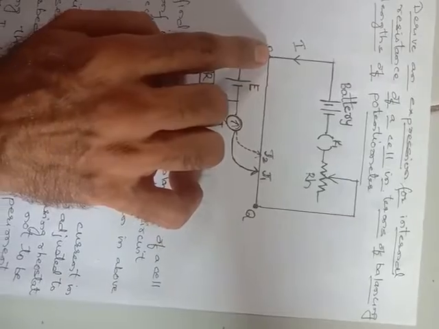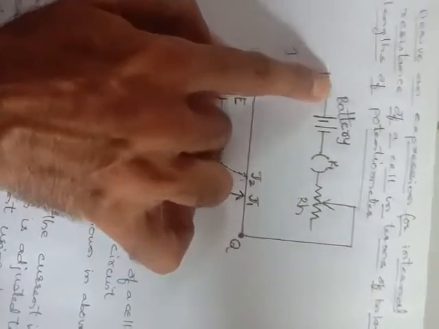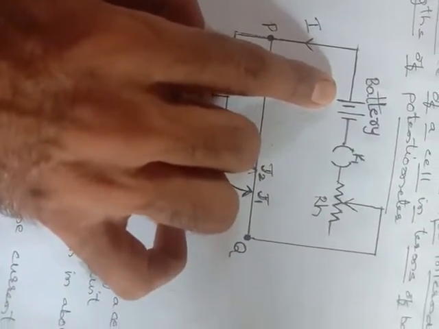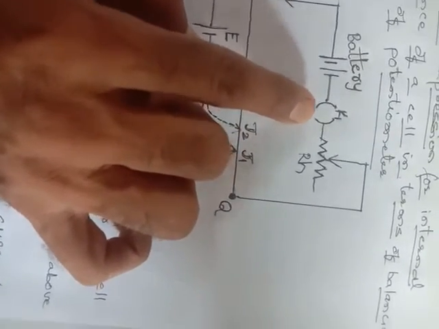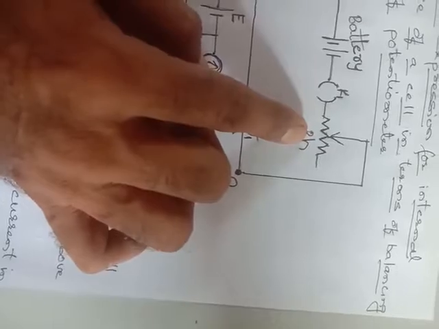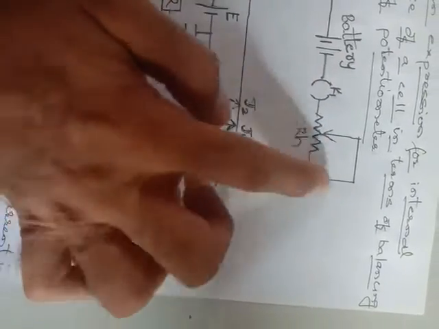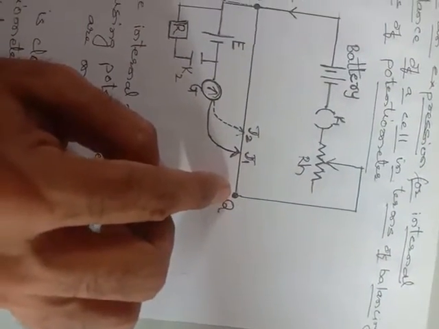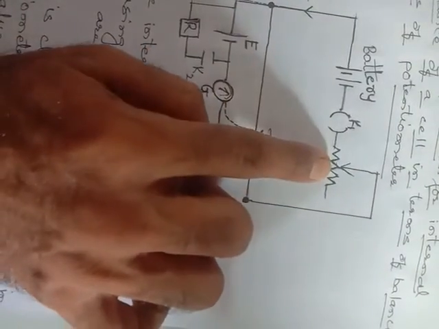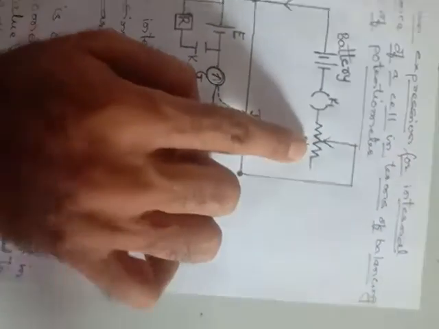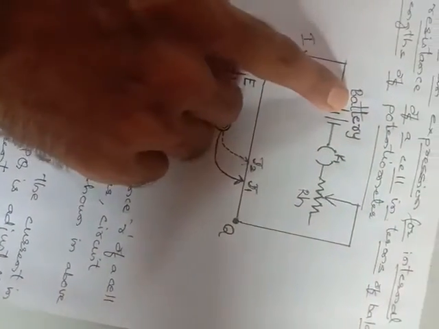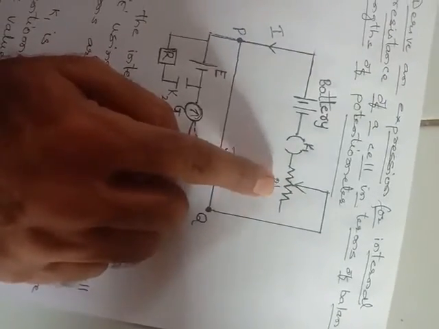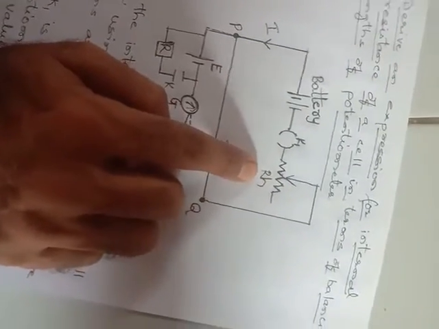Okay, to P a positive end of the battery is connected, negative end is connected to the plug key, and to the plug key rheostat is connected, and upper end of Q is connected to the upper end of the rheostat which is having the negative terminal. मतलब क्या है, P को पॉजिटिव टर्मिनल से कनेक्ट किया हुआ है, Q को नेगेटिव टर्मिनल से कनेक्ट किया हुआ है. इधर RH क्या मीन्स है, rheostat.